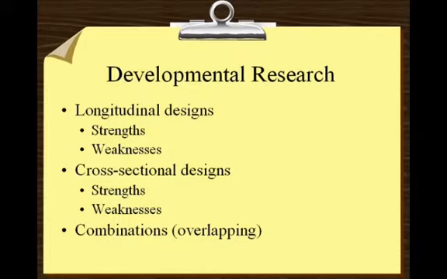And there's really a combination of the two. We can combine the longitudinal, looking at groups of people over a long period of time, and do snapshots like I talked about with the cross-sectional design. So that's quite common, a combination of longitudinal and cross-sectional design for developmental research.